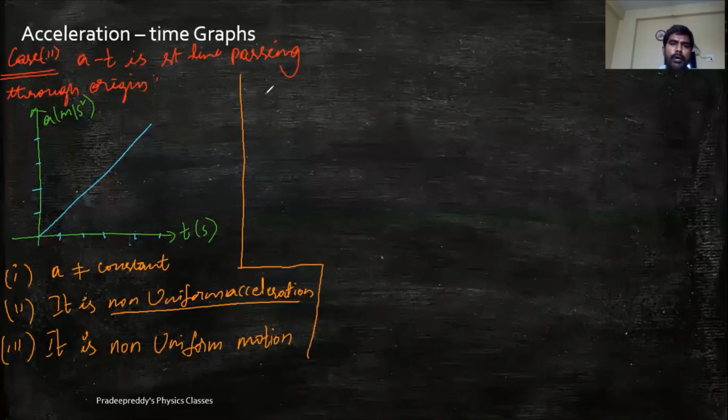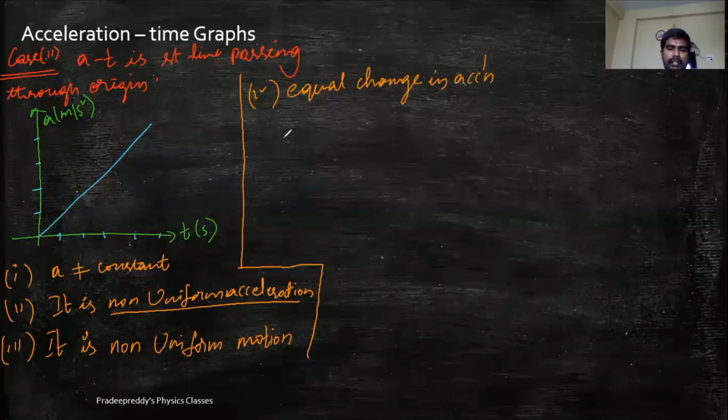And the fourth point you can learn here is that acceleration is variable with respect to time. That is, equal change in acceleration in equal intervals of time. Only this is the information you are getting from this.